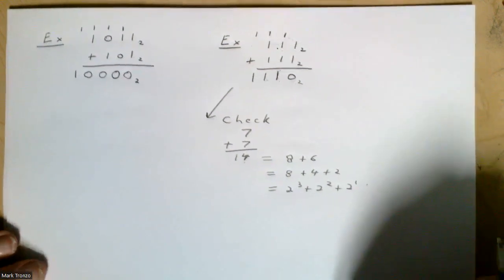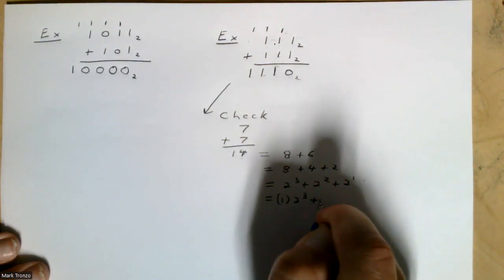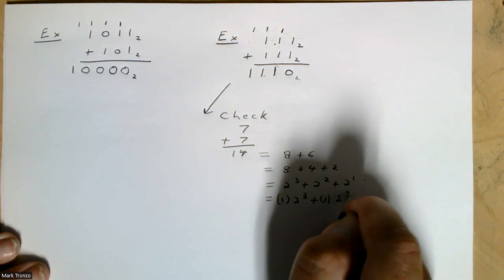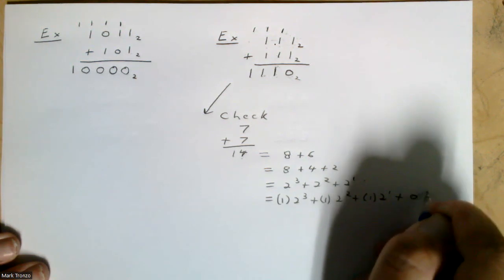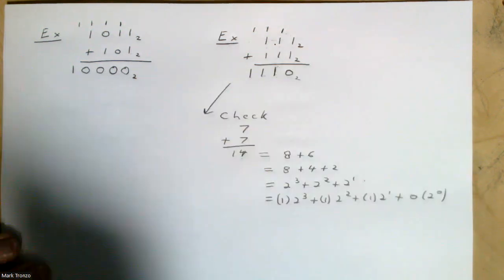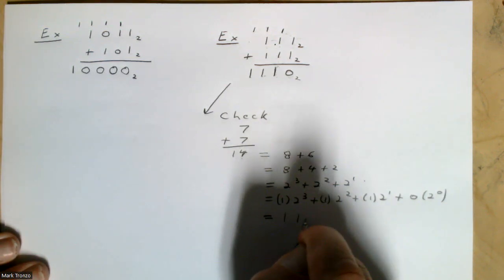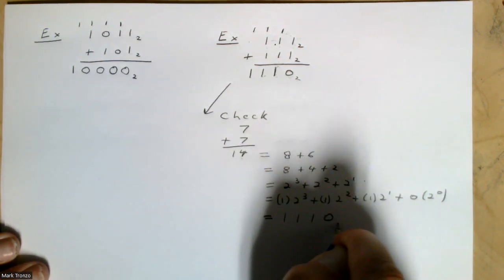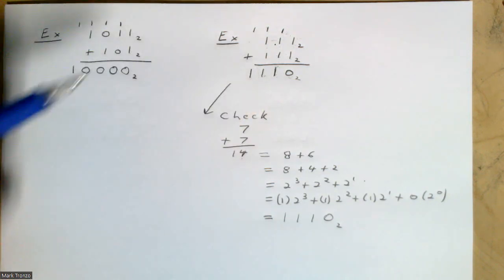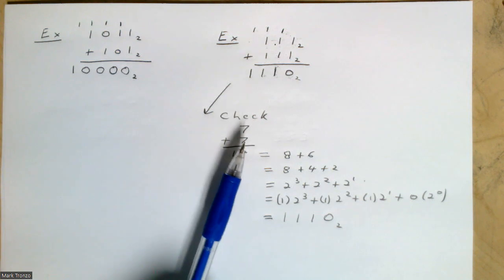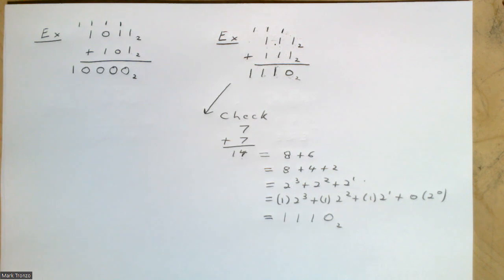So this is going to be like a 1 for 2 cubed, 1 for 2 squared, 1 for 2 to the first, 0 for 2 to the 0. Remember, you have to include these all. And so that's going to give you 1, 1, 1, 0, like that, which is what we got over here. So it was just a check. I converted these to decimal numbers, added them, then converted them back.